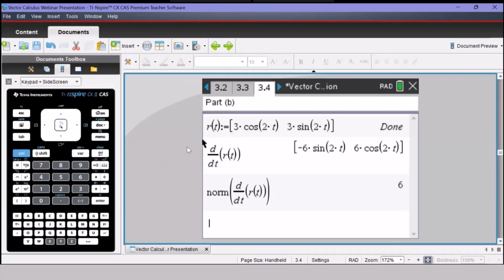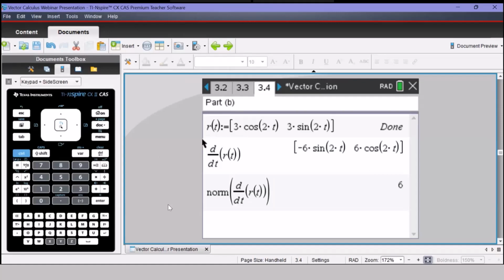The way to access that from the keypad is to press Control and then the symbols template. You can see that it's quite small, colon equals in blue above that button.